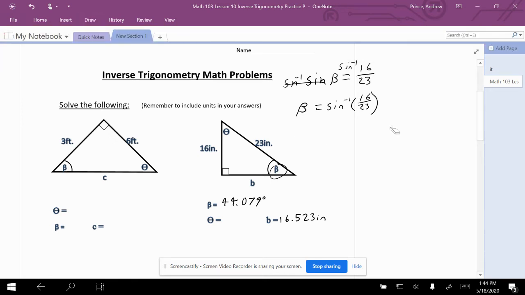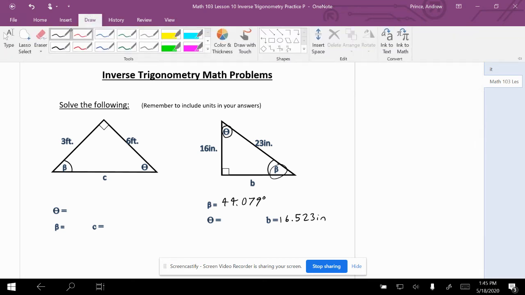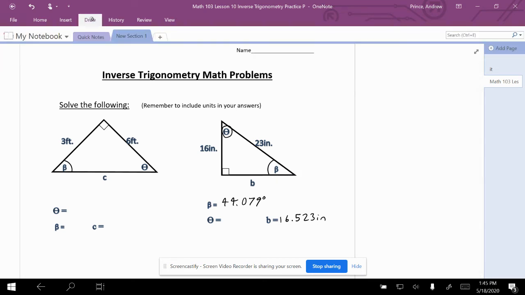Now we're going to solve this for theta two different ways. One, so we can get the value, and the second time so we can check our work. So the first way we're going to use is just the same exact perspective here that we had on the other value. Well, now since we're solving for theta, we're going to use that as our perspective, and we're going to go ahead and ignore B for now. So now that we're solving for theta, and we know the value that is adjacent to it and the hypotenuse, we're going to say that adjacent and hypotenuse, A and H, that's going to be my cosine.